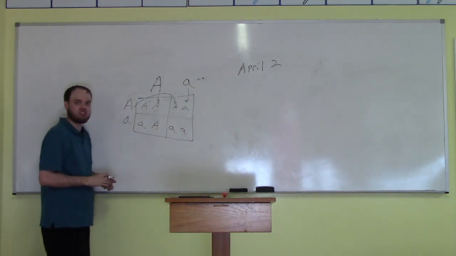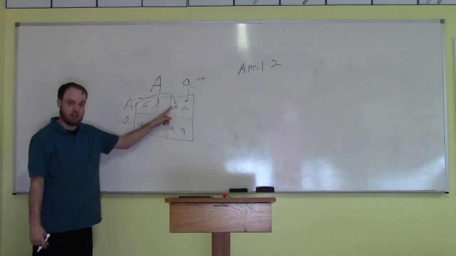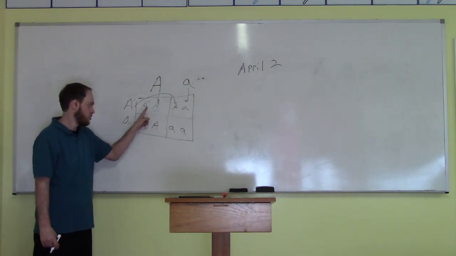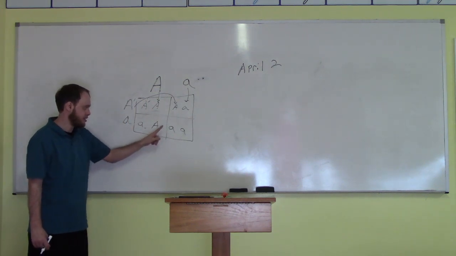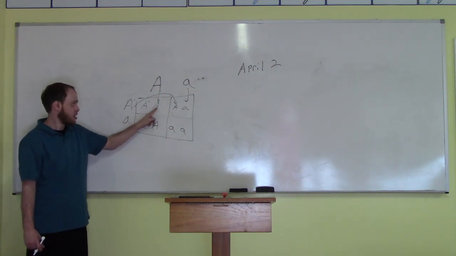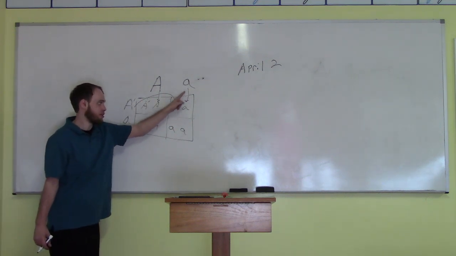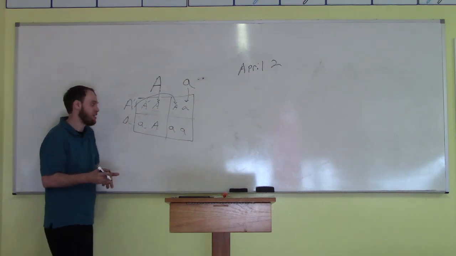So it just kind of works itself in. So notice what happened. This A right here passes into the first row. This A right here passes into this bottom row. This A right here goes into the column. Then this A right here goes into the column. So you just basically keep them on their rows and their columns and they match up.